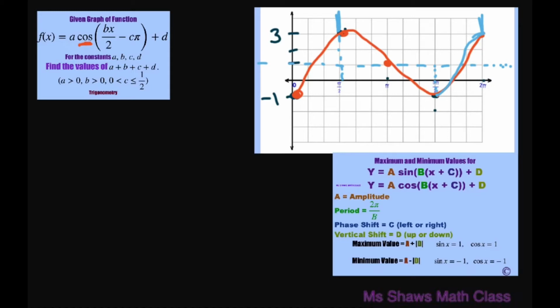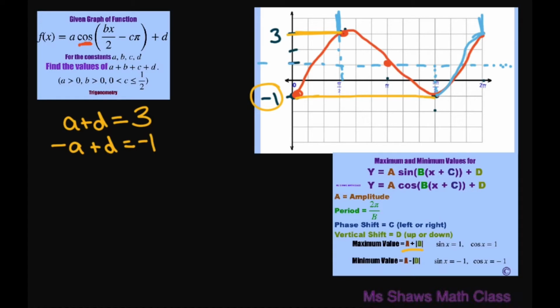So let's find the maximum value. Your maximum value is given by a plus d, and that occurs here at 3. Your minimum value occurs at -1 here, and you just write that as negative a plus d equals -1.